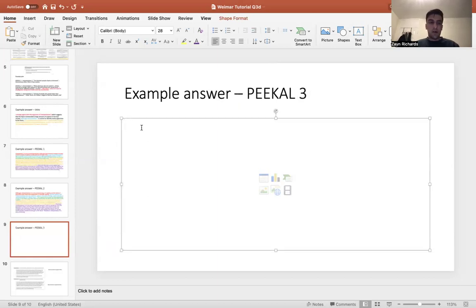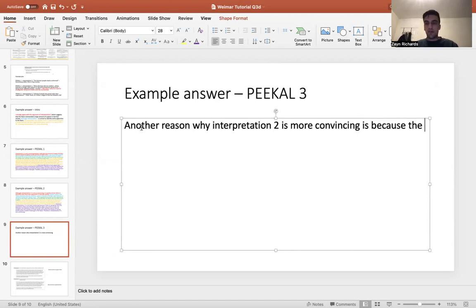So say, another reason why interpretation two is more convincing is because the author recognizes the importance of Nazi organizations.